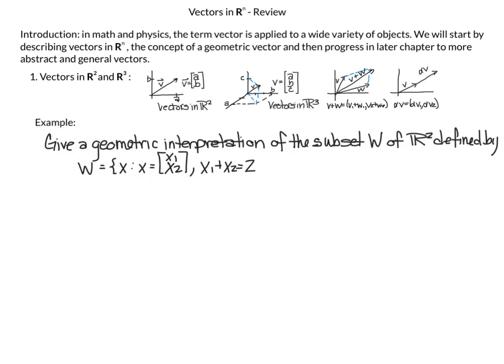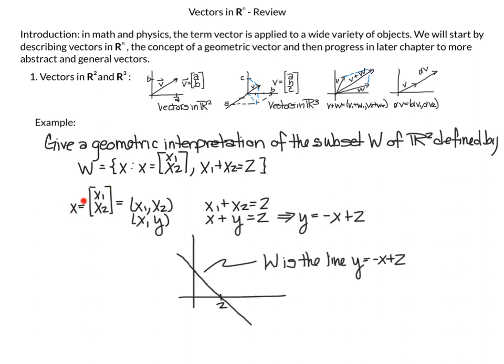And now we have some more examples. We want to give a geometric interpretation of the subset W of R2. R2 is the XY plane, and we have a subset of that plane, and we define that as vectors x such that x is equal to (x1, x2), where x1 plus x2 is equal to 2.